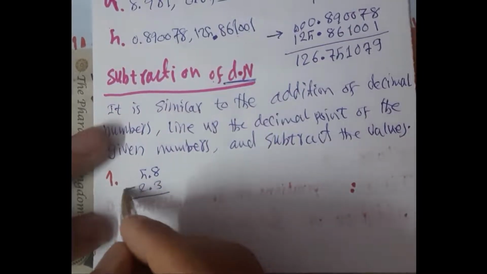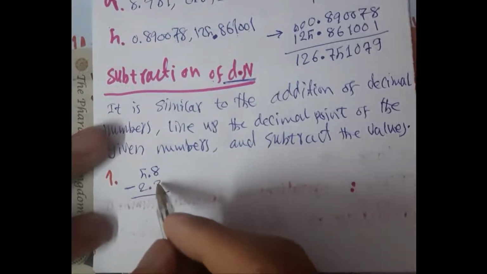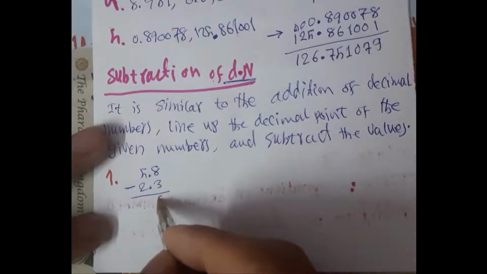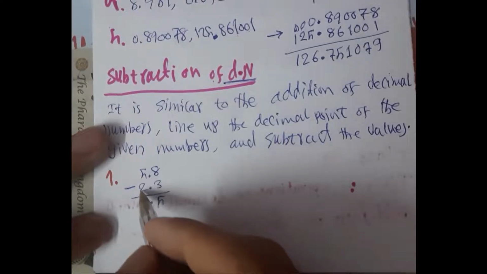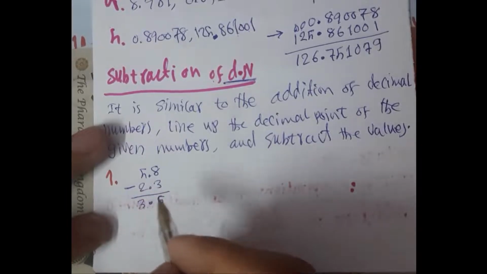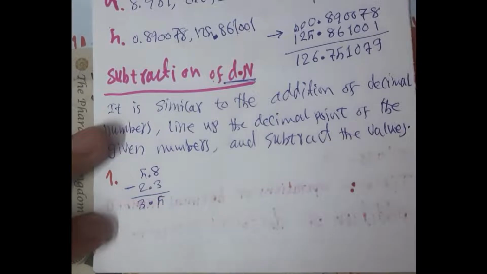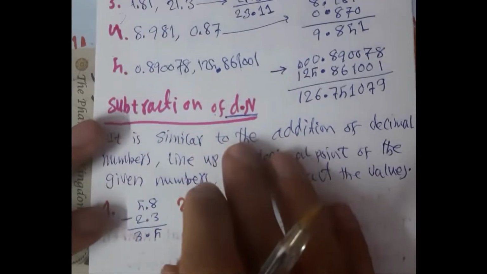We subtract these two numbers. 8 minus 3, 5. Decimal point. 5 minus 2, 3. 3.5.